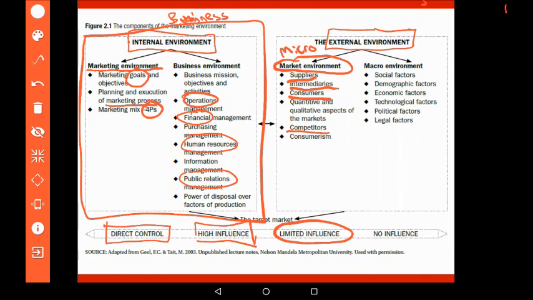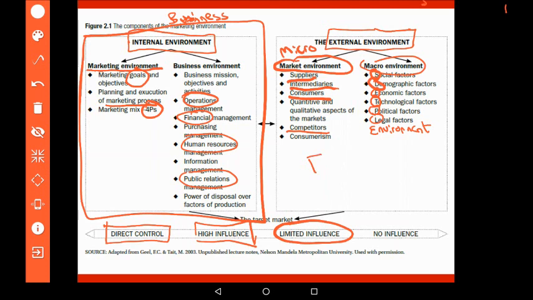And then lastly we have the macro environment. This includes all the PESTLE factors: P, E, S, T, L, and there's another E for environmental factors. Sometimes you can add D for demographic, so you can call it PESTLED.